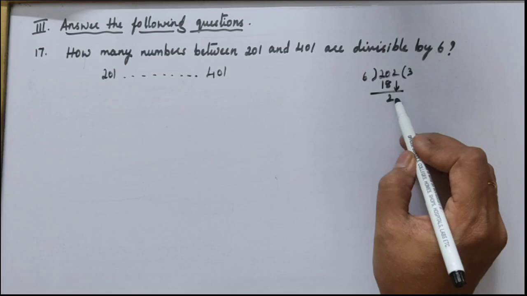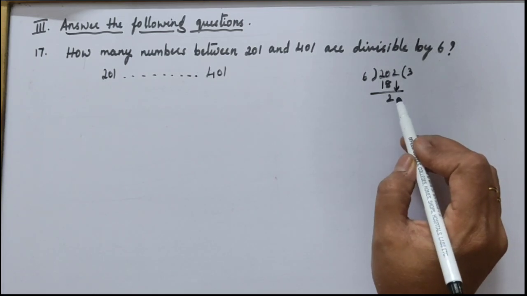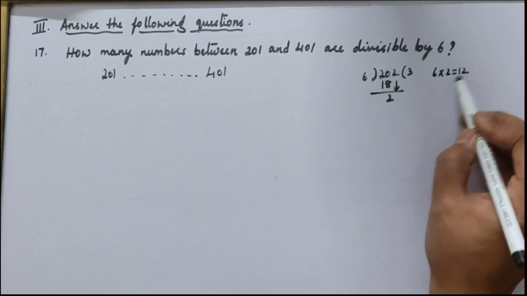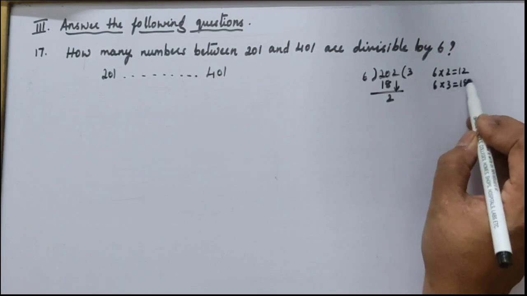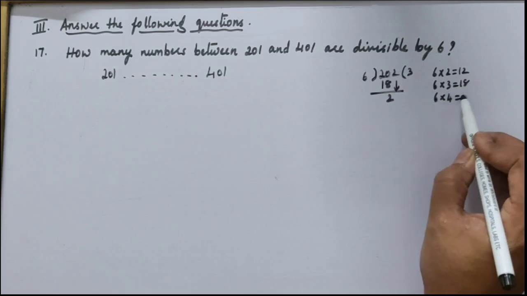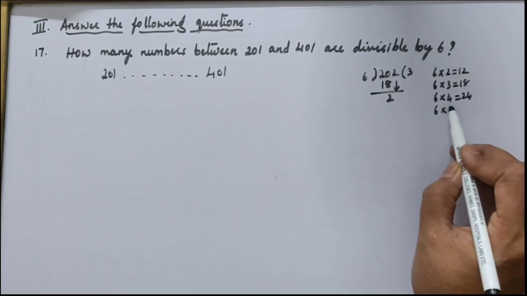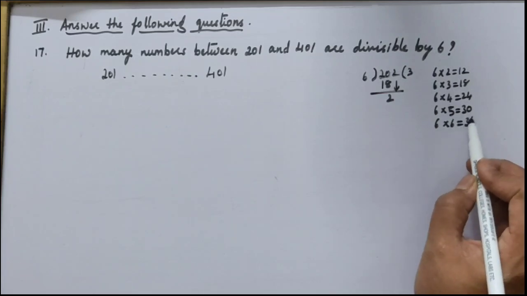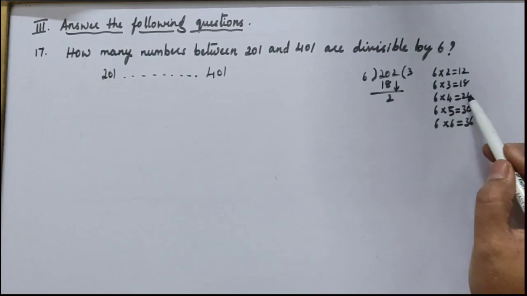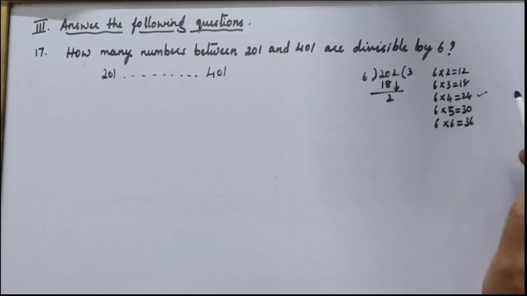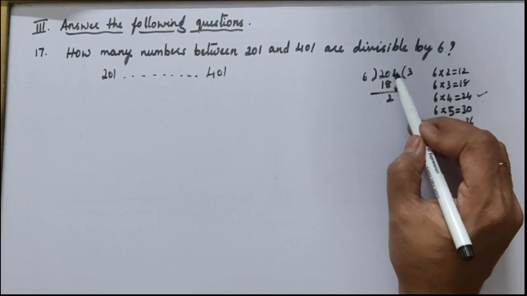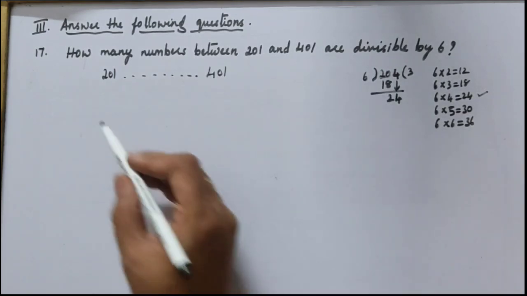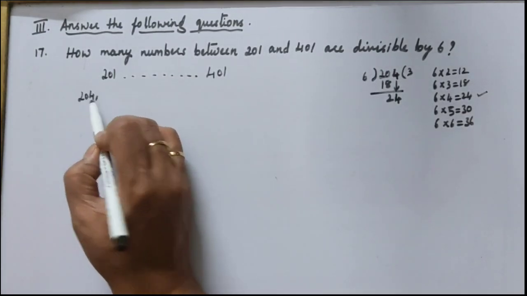So is it completely divisible? No. So 6 1s are 6, 6 2s are 12, 6 3s are 18, 6 4s are 24, 6 5s are 30, 6 6s are 36, and so on. Now in the 20s we have 24, so I have to take 4 so that it is completely divisible. So we got the first number, that is 204.